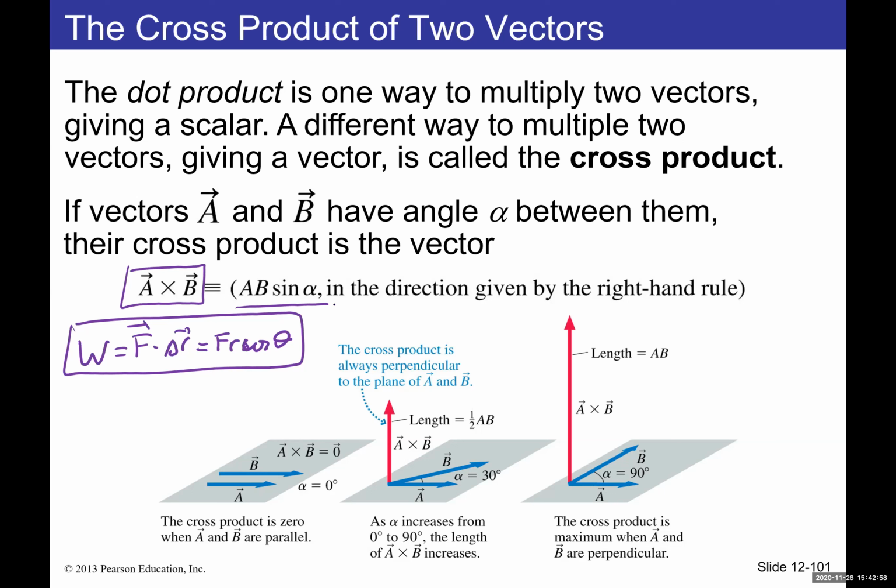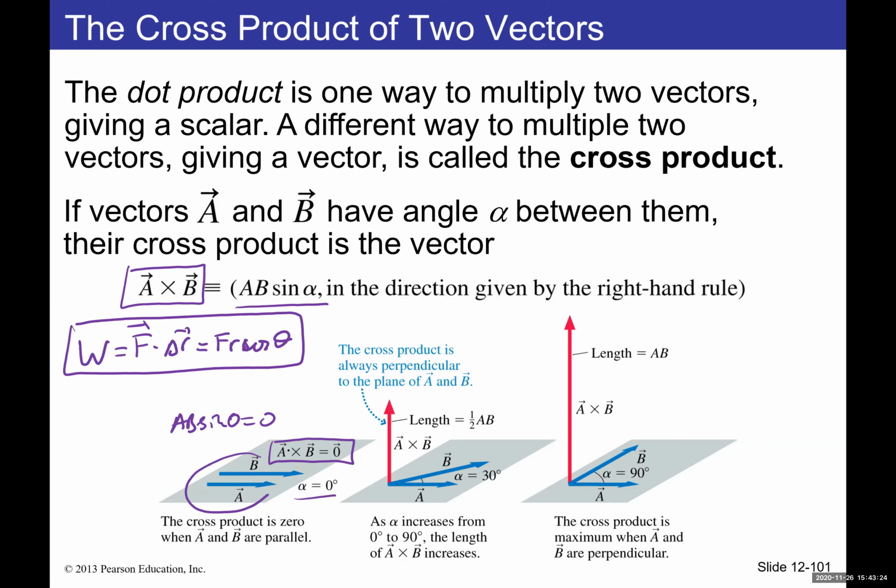So for example, say you have two vectors, A and B. A cross B is A B sine of the angle between them. If A and B are parallel, alpha is 0, so sine of 0 gives you 0, which means a cross product between two parallel vectors gives you 0.